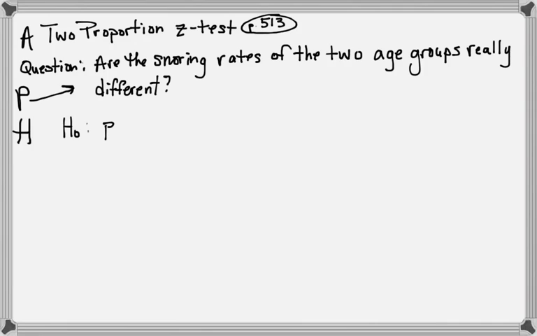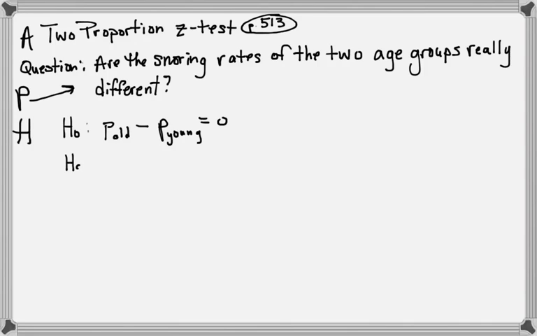It's the proportion of, we'll just say, old minus the proportion of young should be 0. So if we subtract p of old and p of young, and they're the same number, then the difference should be nothing. They should be exactly the same.